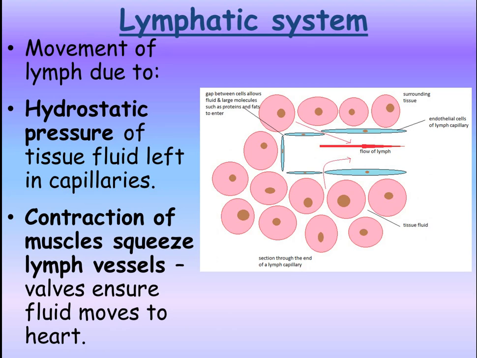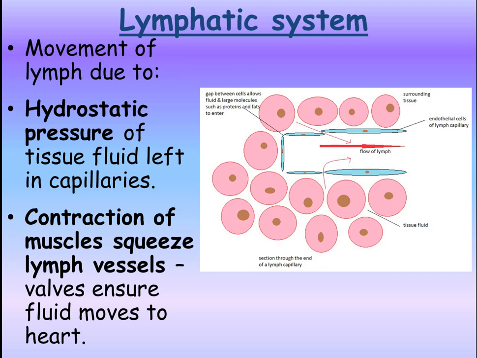So the thing that drives the movement of lymph through the lymphatic system is the hydrostatic pressure of the tissue fluid that's left in the capillaries. That'll create a bit of pressure, which is going to move the lymph through the system. But there's also contraction of muscles around the lymph vessels, which squeeze the lymph towards the heart, a bit like peristalsis in the esophagus.